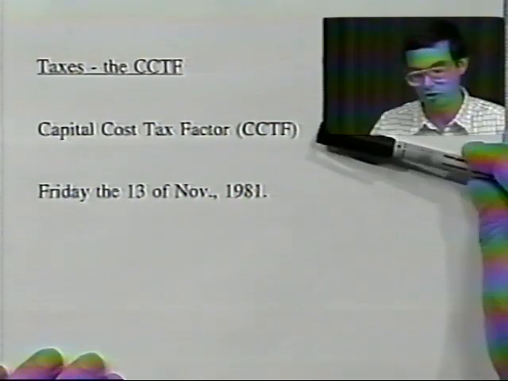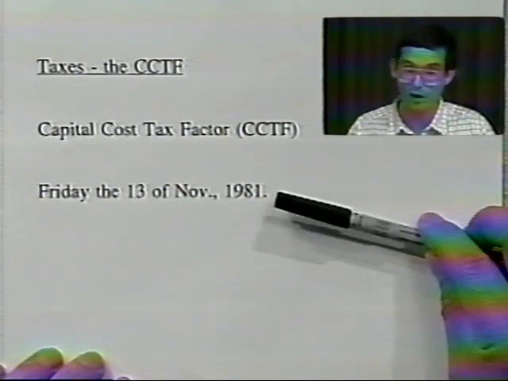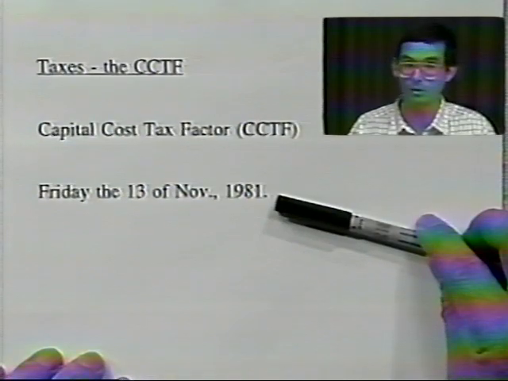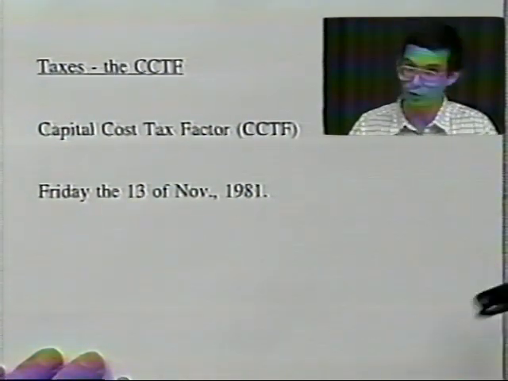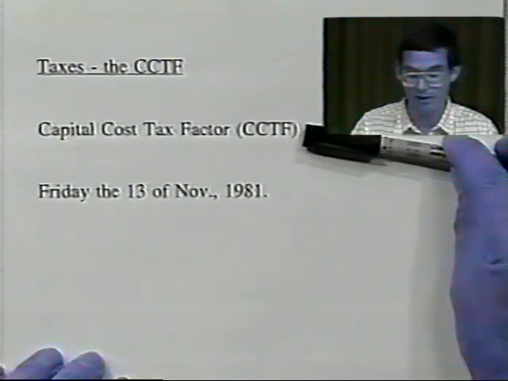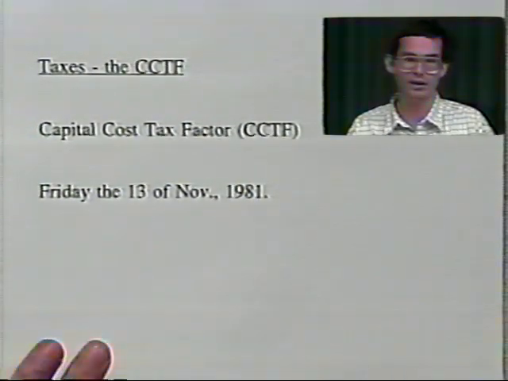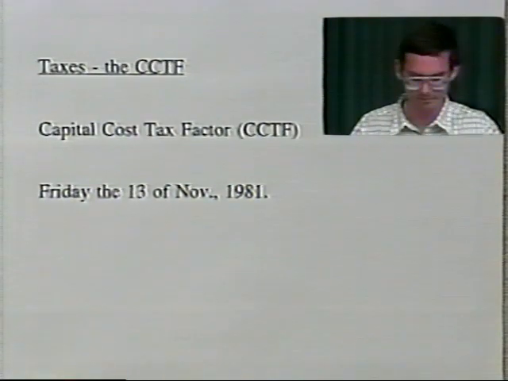Now, there are in fact two capital cost tax factors: the one that applies for assets purchased before Black Friday, the 13th of November 1981, and assets purchased after that date. First, we're going to look at the capital cost tax factor for assets before that date, the old capital cost tax factor, and then we'll develop the new one based upon the old one.